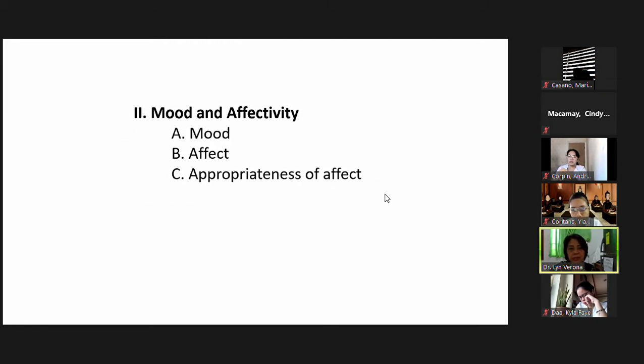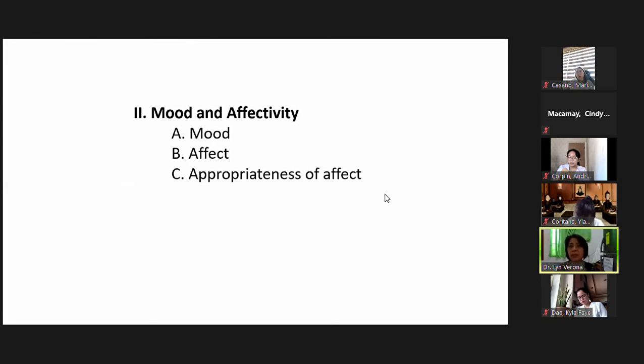Then you have to go to mood and affectivity. What is mood? Mood is the sustained internal emotional state of a person. And affect is the external emotional display of the internal aspect of the patient.